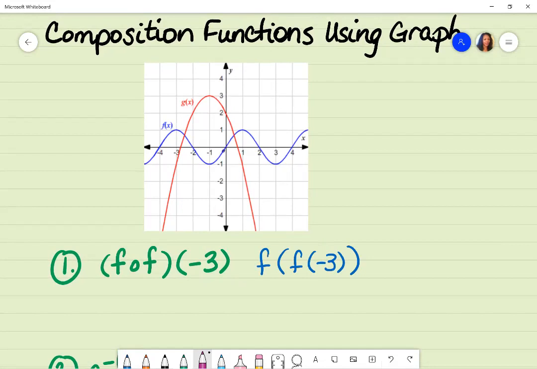And then I'm looking for the output, which will be right here. That is 1. So I'm going to rewrite this as 1, but my directions tell me to take f of 1. So now I'm going to go to where my x is 1 on my f graph, and then find the output, which is again 1. So the answer here is 1.